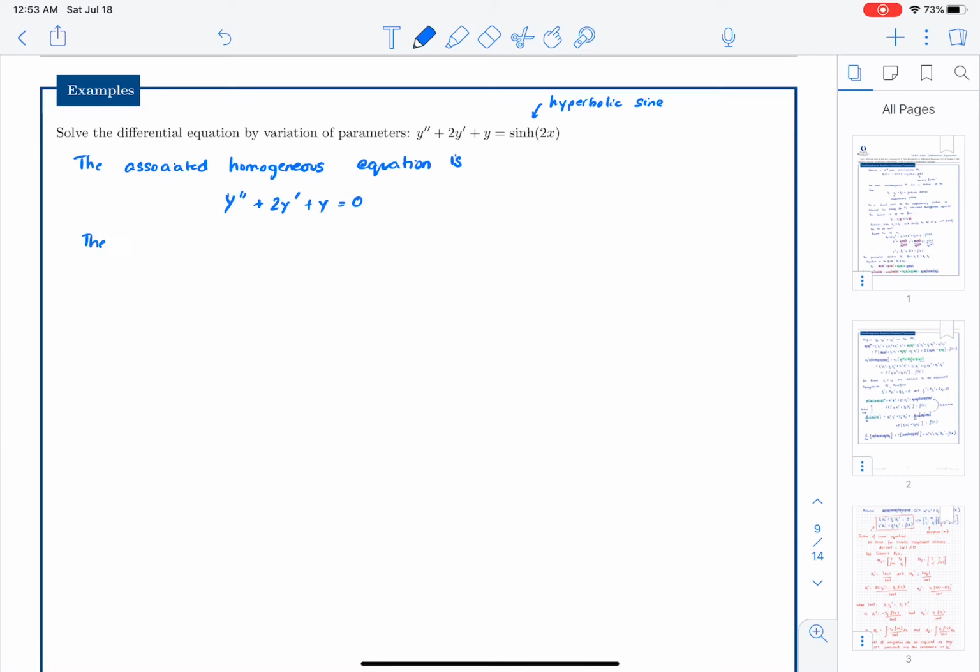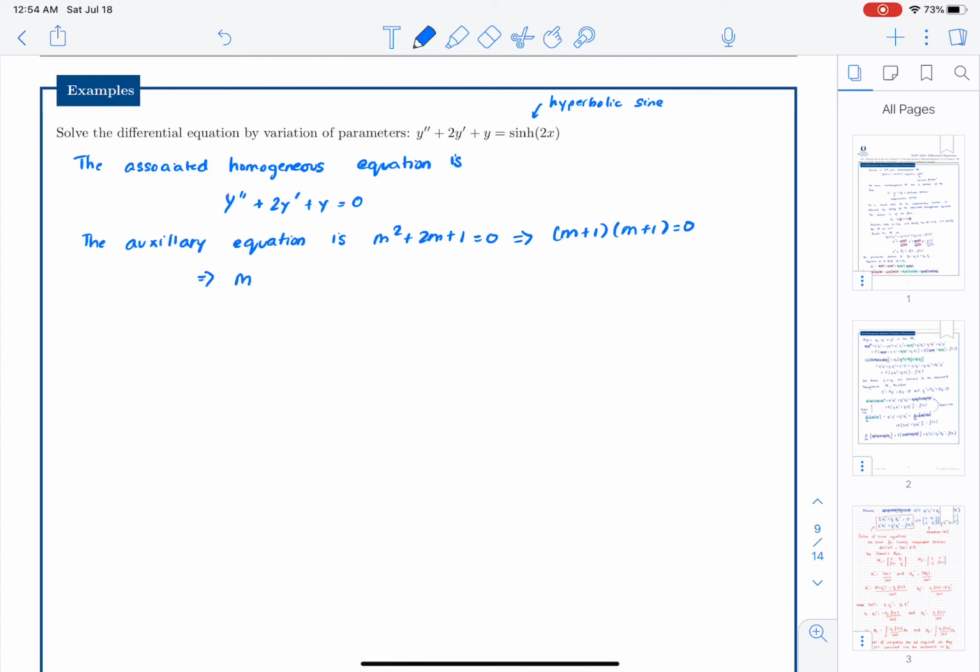So the auxiliary equation is m squared plus 2m plus 1 equals 0, which if you factor, we would have (m plus 1)(m plus 1) equals 0.